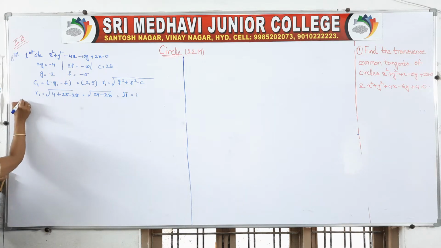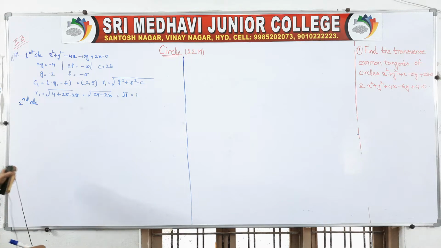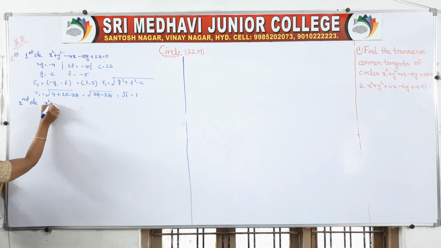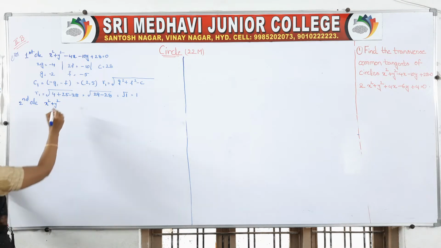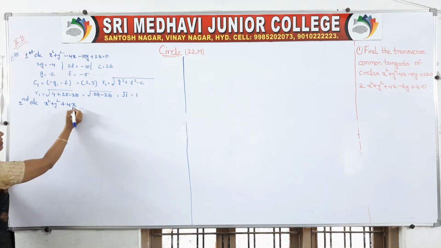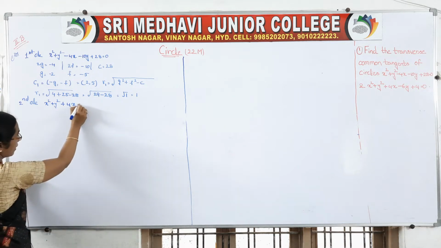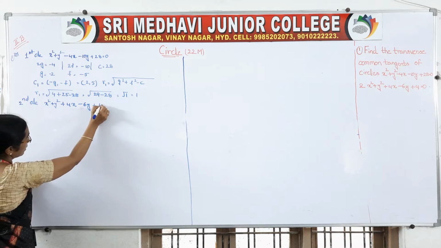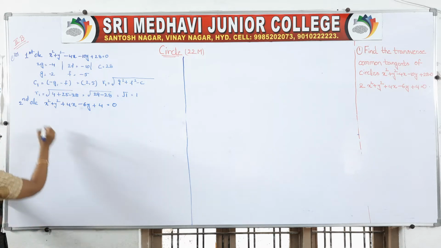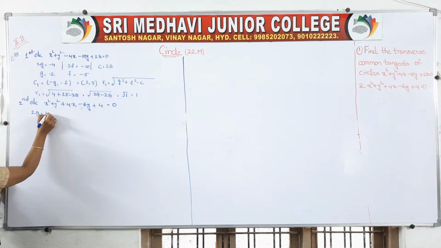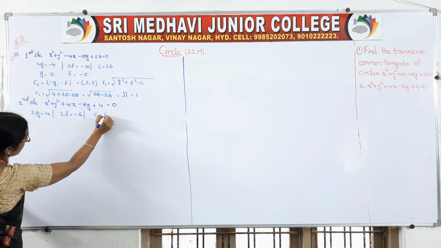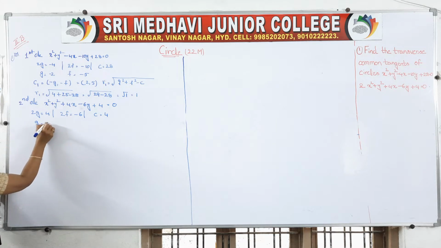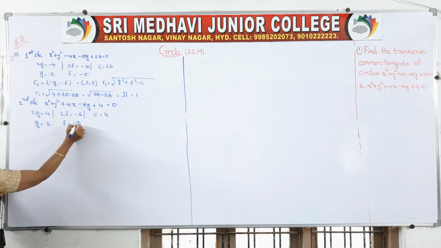Go to the second circle. The second circle equation is x square plus y square plus 4x minus 6y plus 4 is equal to 0. Same thing: 2g is equal to 4, 2f is equal to minus 6 and c is equal to 4, so g is equal to 2, f is equal to minus 3.